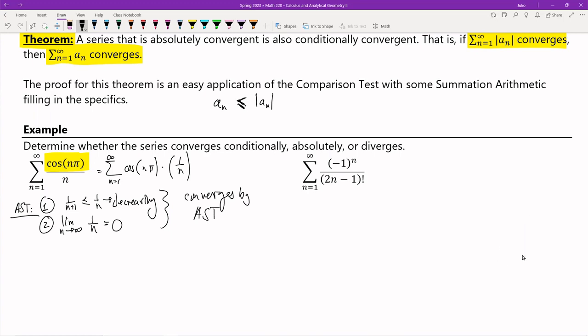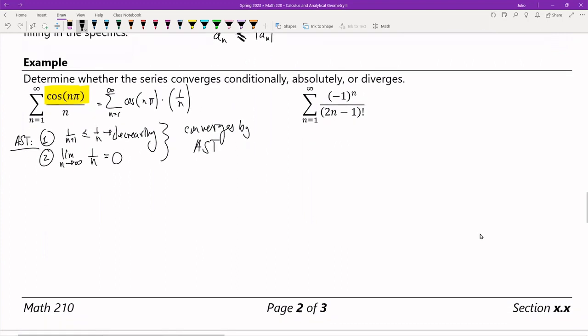We're good there. Now, the next one, I'm going to look at this one: the sum from n equals 1 to infinity of the absolute value of cosine n pi times 1 over n. Hopefully you see this. Since it's now absolute value, it doesn't matter if it oscillates back and forth between positive and negative.